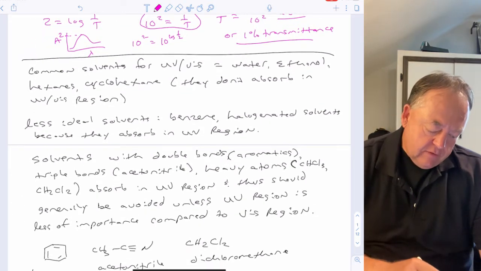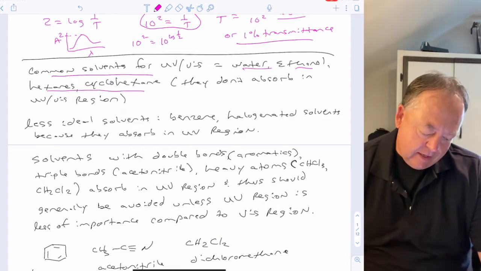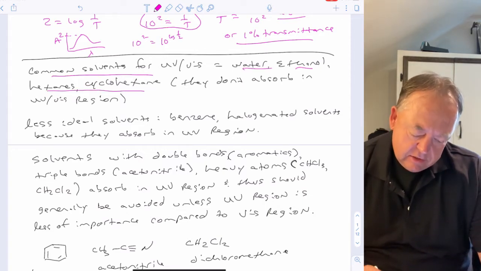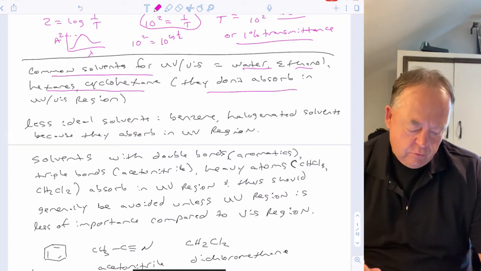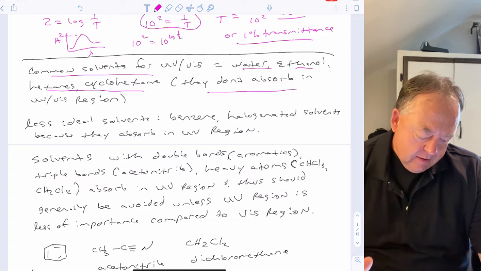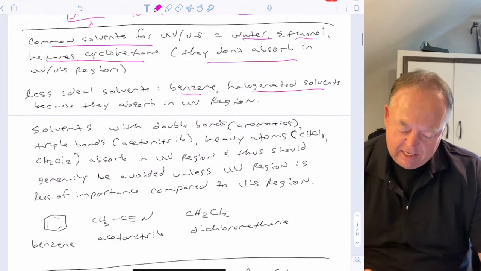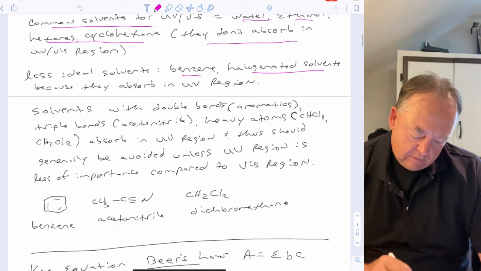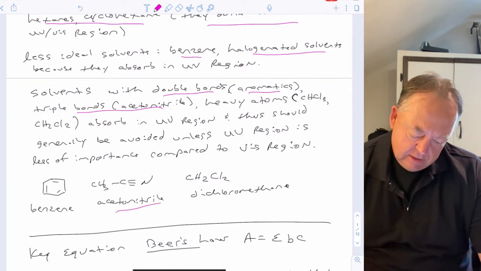Okay, common solvents in UV Vis: water, ethanol, hexane, cyclohexane, basically a solvent that does not absorb in the UV region, which these do not. Less ideal solvents are something like benzene and halogenated solvents, because they absorb in the UV region. Solvents with double bonds, so aromatic solvents like benzene, triple bonds like acetonitrile, anything with a pi system.